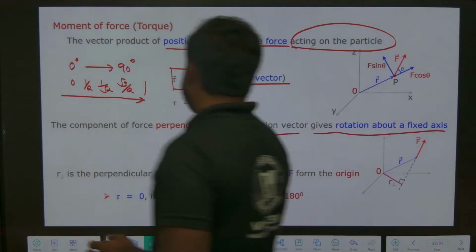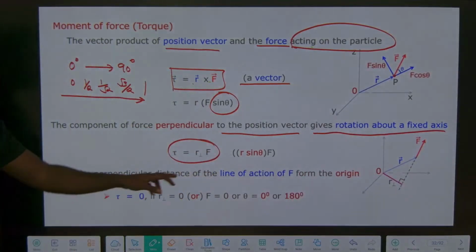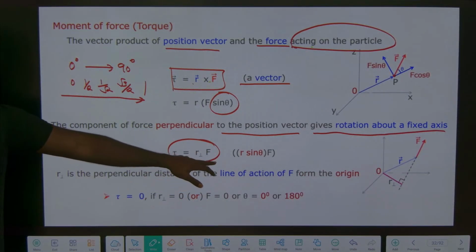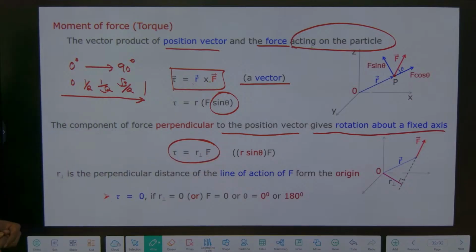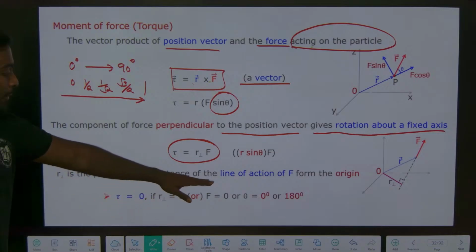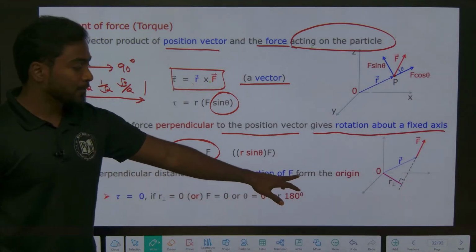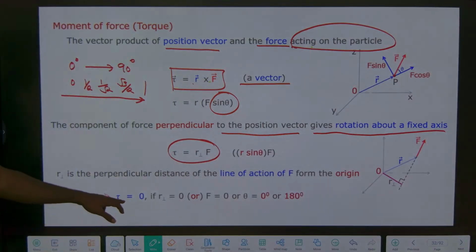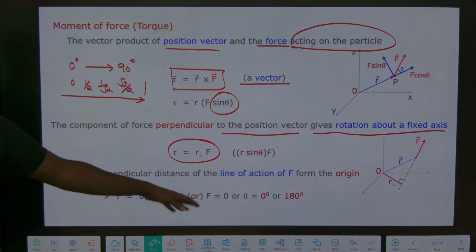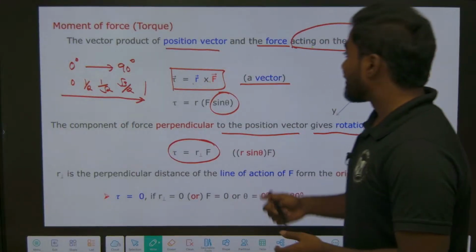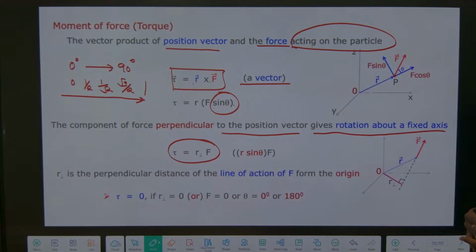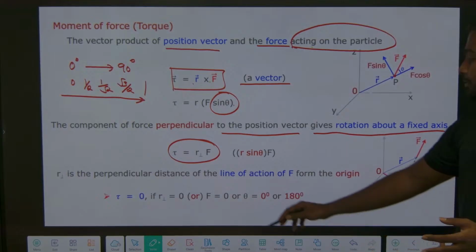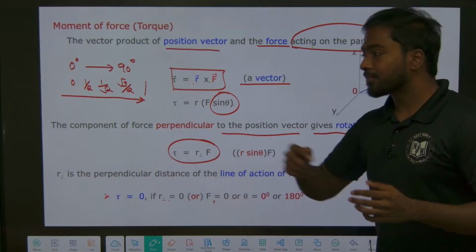So torque is equal to r perpendicular times F, with sin 90 degree, where r perpendicular is the perpendicular distance of the line of action of F from the origin. And torque is equal to 0 when the angle is 0, or the force is 0, or the position is 0.